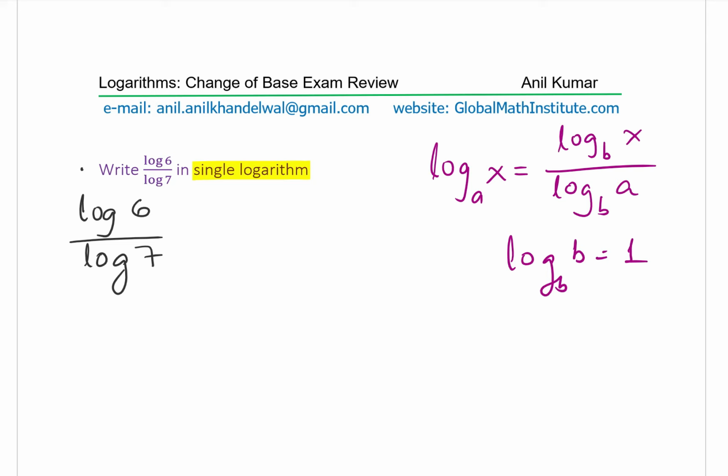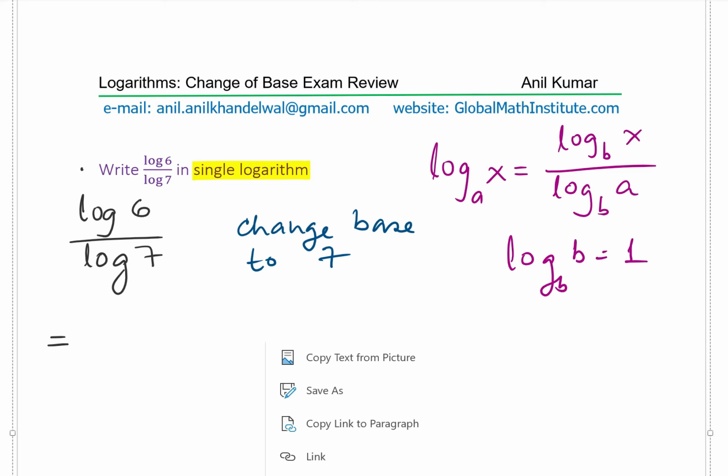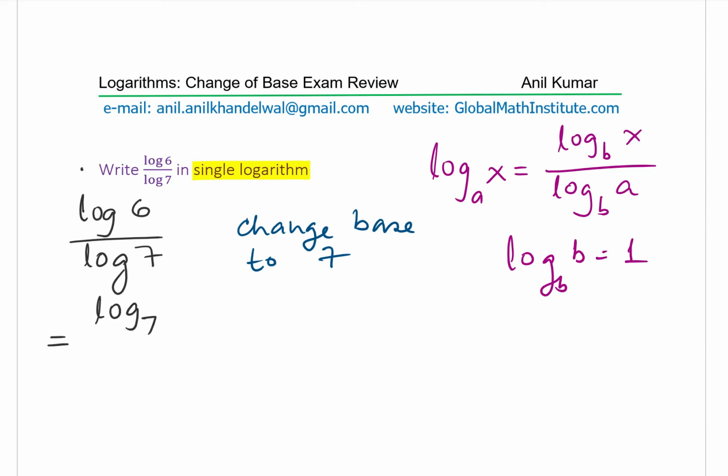So we'll change the base in this case to, let us say, 7. Let's change the base to 7. In that case, what do you get? Well, as far as the numerator is concerned, we get log to the base 7 of 6 divided by log to the base 7 of 10, since that is base 10, right?